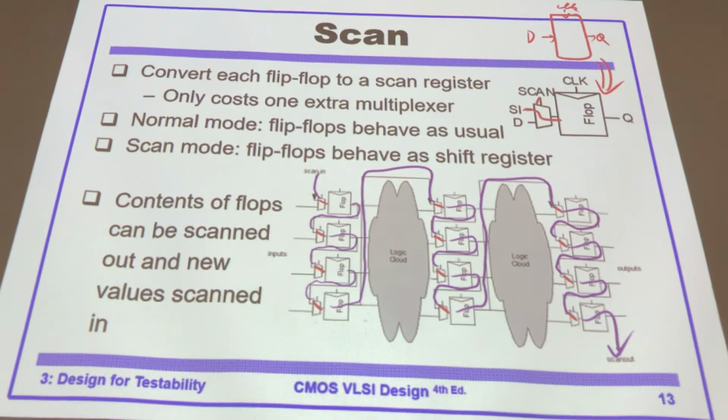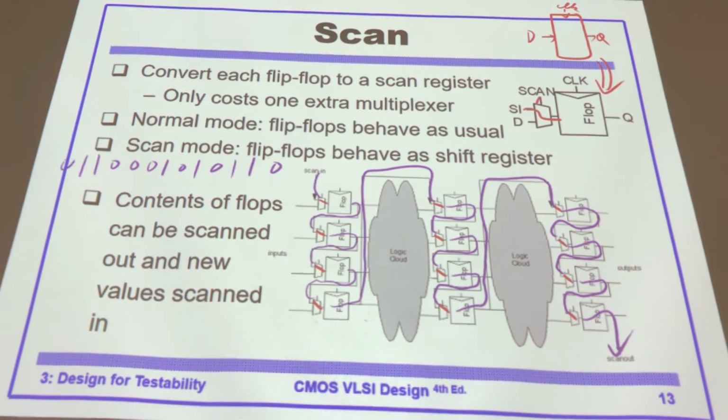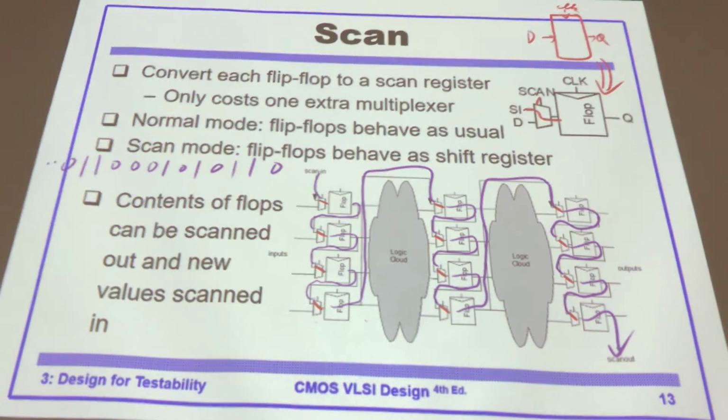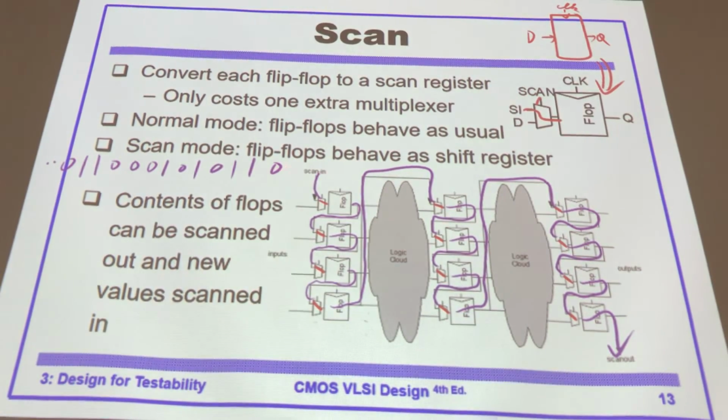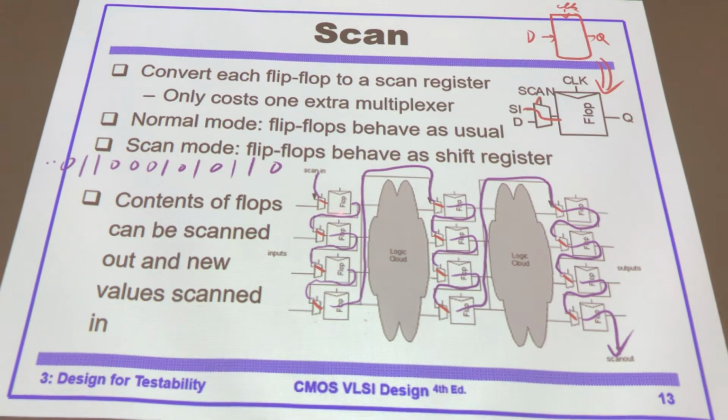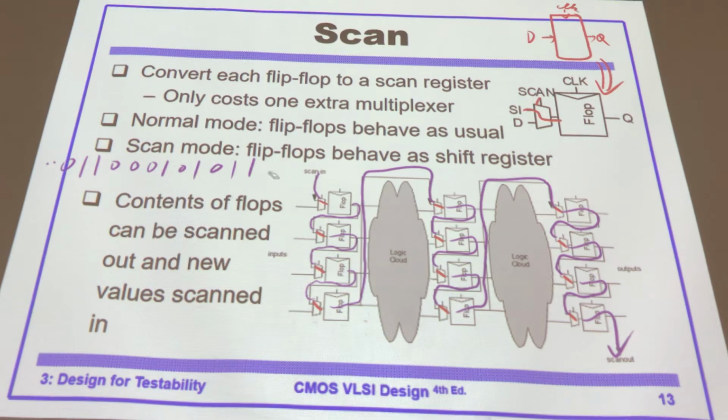And if you are trying to enter some sequence like this, 0, 1, 1, 0, 1, 0, 1, 0, 0, 0, 1, 1, 0, and so on and so forth. Each clock cycle, 1 bit is going to shift in, right? After one clock cycle, 0 comes in.